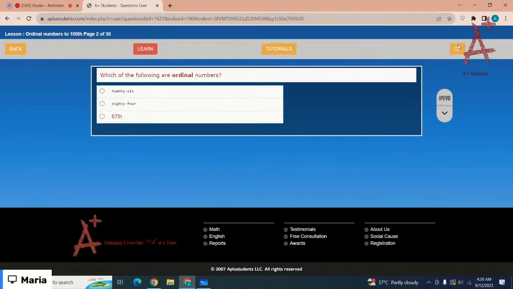Yes, the correct option is 67th, the only ordinal here. Option number 3 is the correct option. Very good.